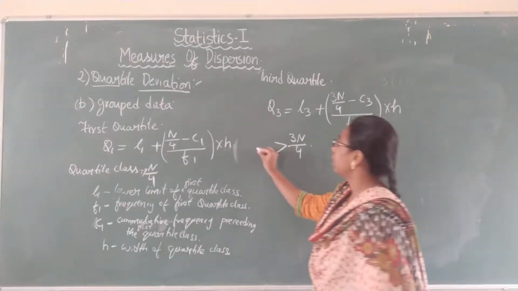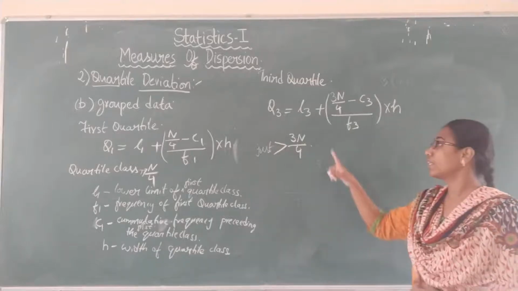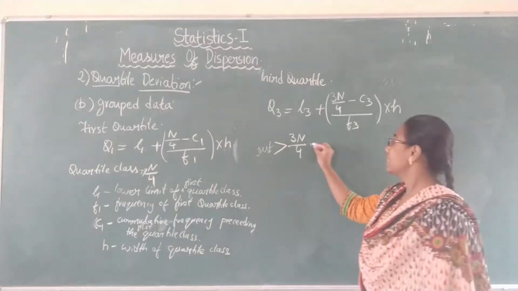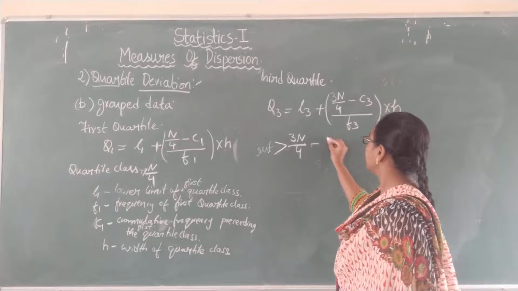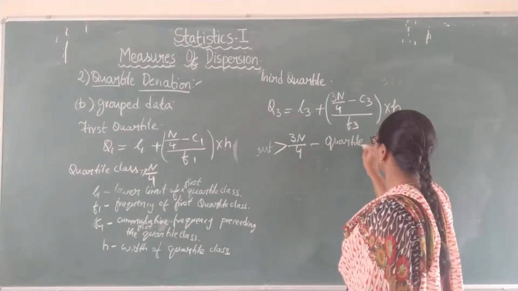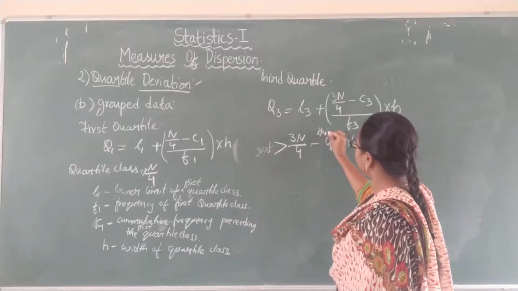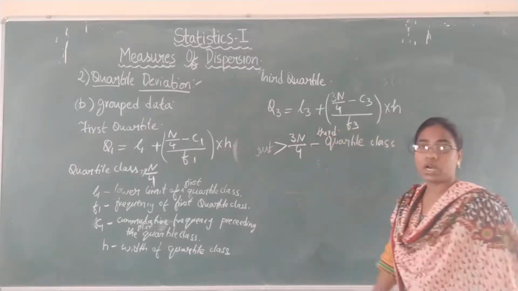Just greater than means the immediate next value after that 3N by 4 value is considered as the quartile class, that is, the third quartile class.